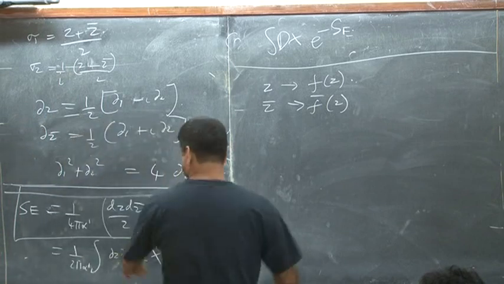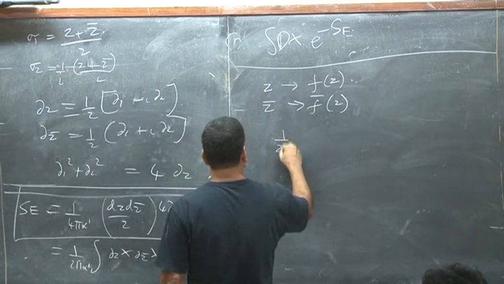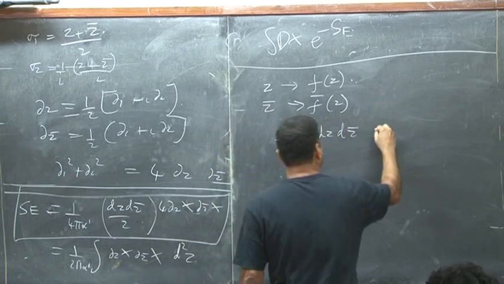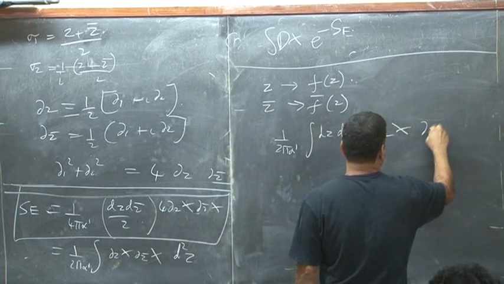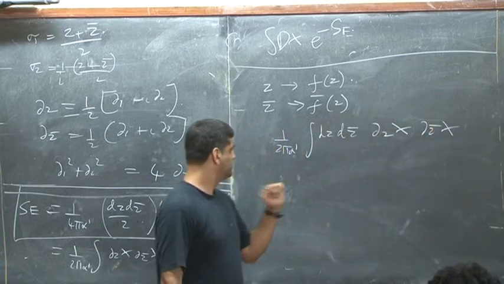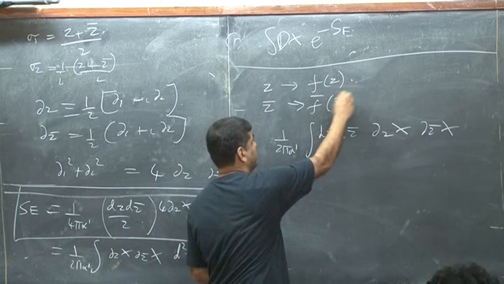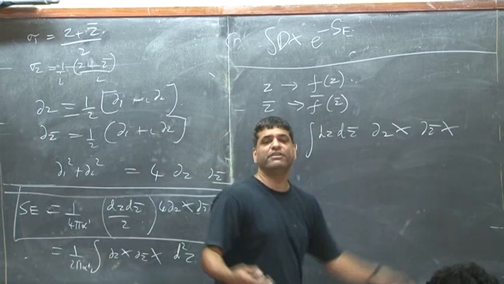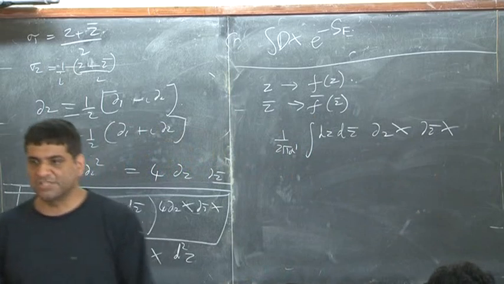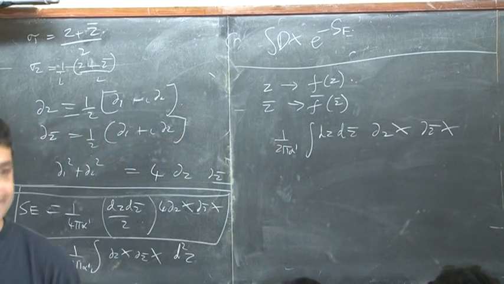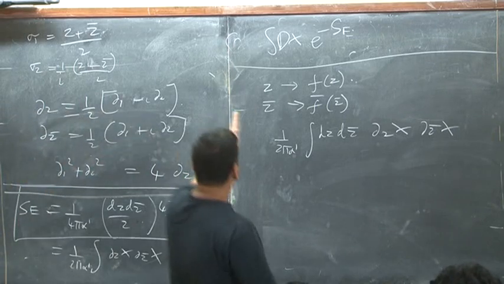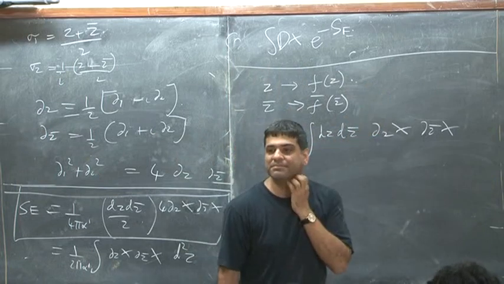This action is invariant because the action is 1 by 2 pi alpha prime d2z del z of x del z bar of x. So that goes to f bar of z bar, thank you. Okay, now dz del z x is obviously invariant under the kind of variable change we're making. Similarly, dz bar del z bar of x is invariant under the same coordinate change. So this action is invariant under these combined coordinate changes.